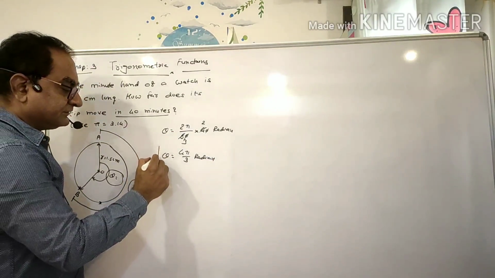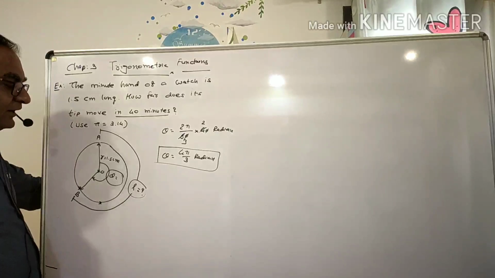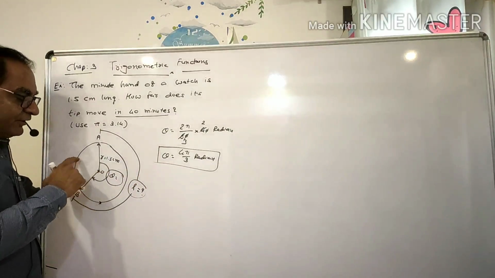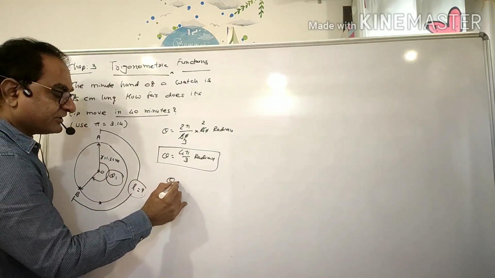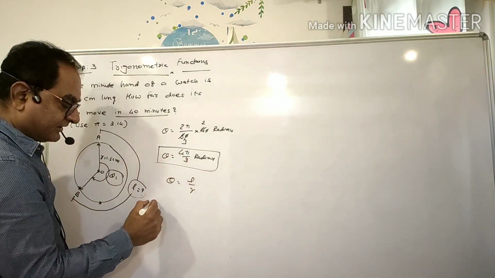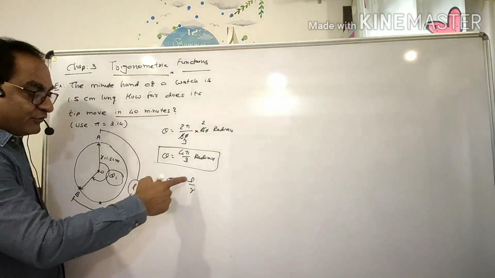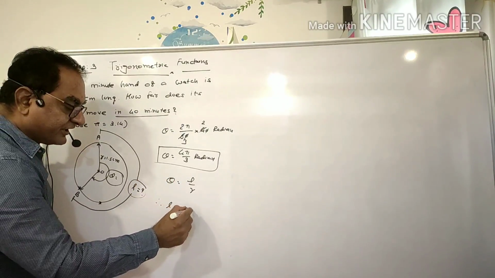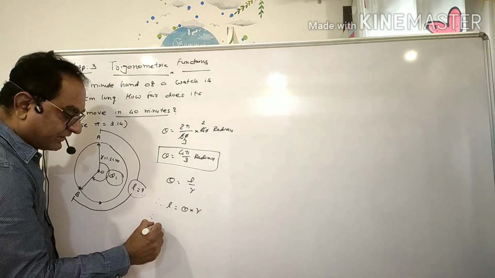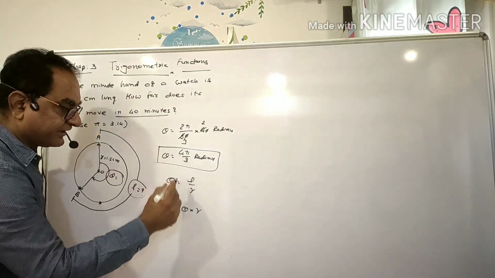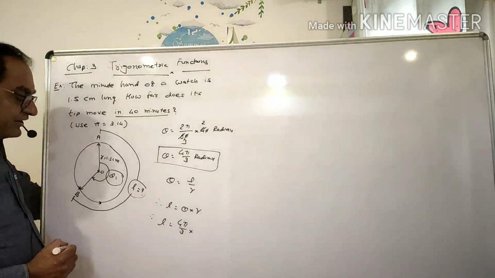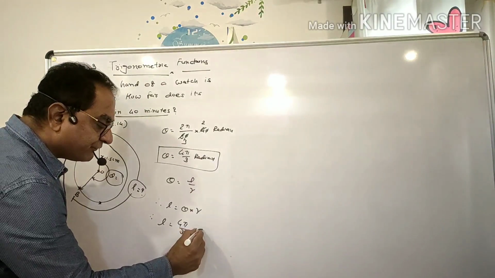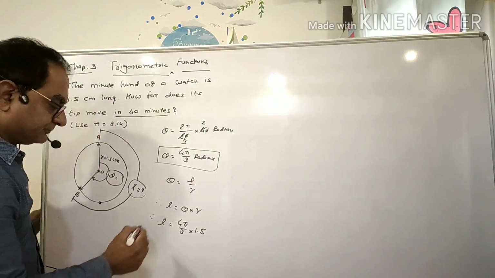Okay. Now we have got theta, we have got this r. Now for L, use the relation theta is equals to L by r. Here we want to find L, so L is equals to theta into r. So L is equals to theta, which is 4 pi by 3, and r is 1.5 centimeter.